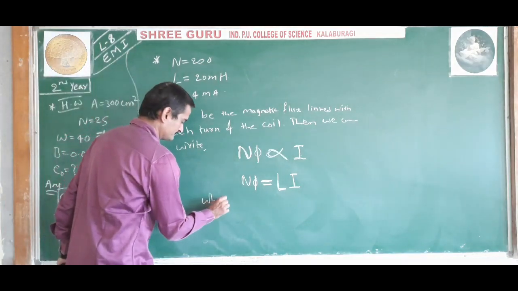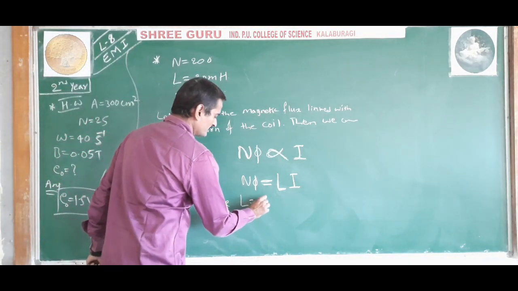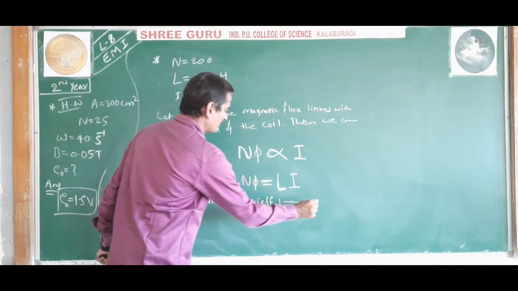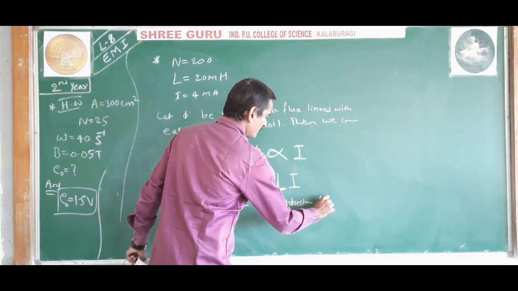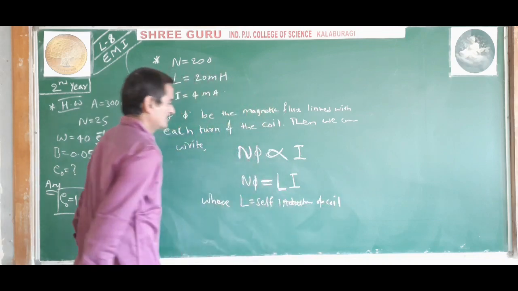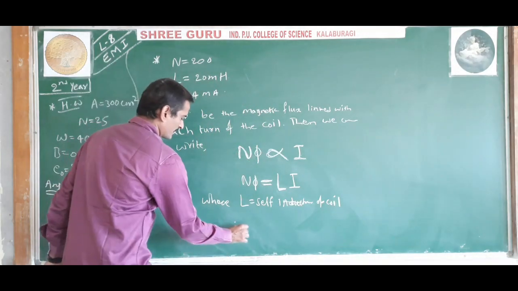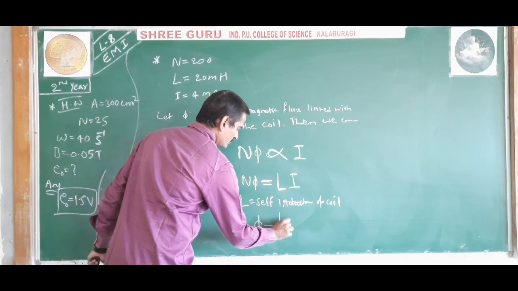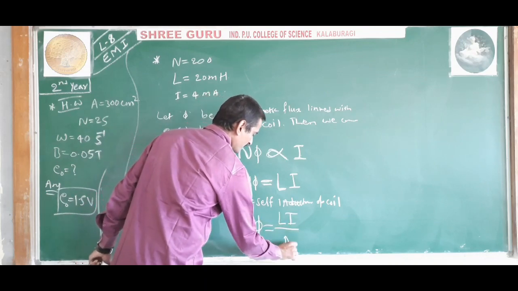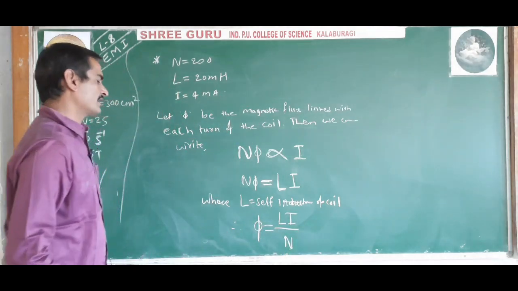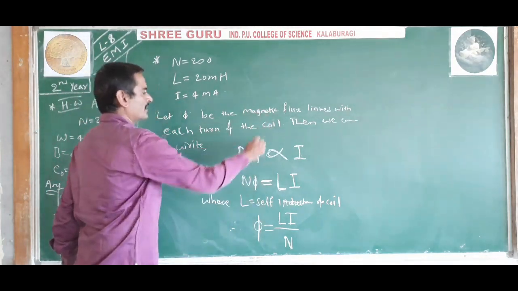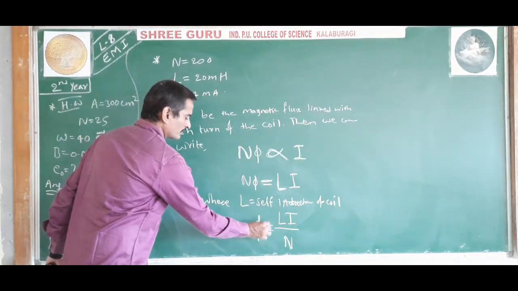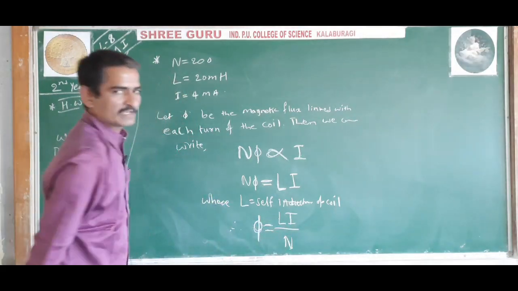Therefore phi is equal to L I divided by N, that is the magnetic flux linked with each turn, which is what we want.